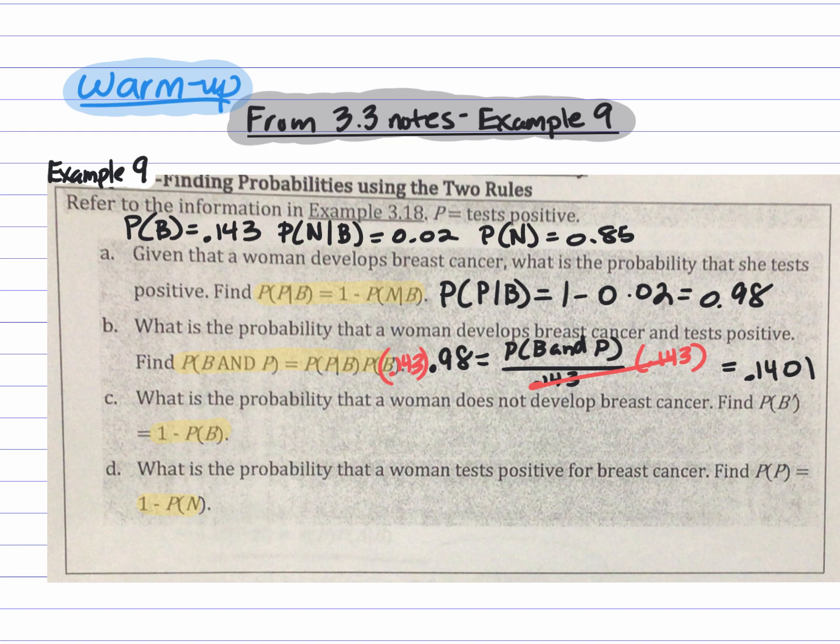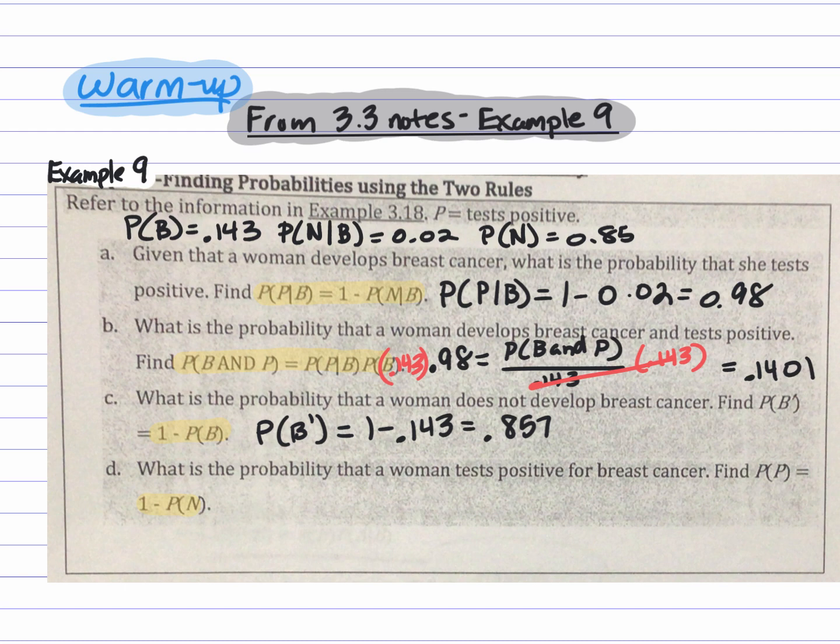All right, C, what is the probability that a woman does not develop breast cancer? This is the complement to event B, or B prime. It tells us that the probability of B prime is equal to 1 minus the probability of B. So 1 minus the probability of B, 0.143, is equal to 0.857.